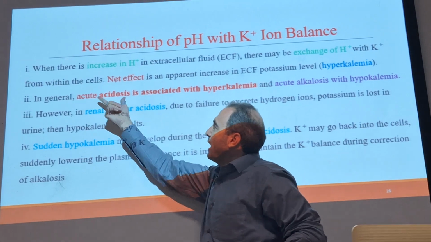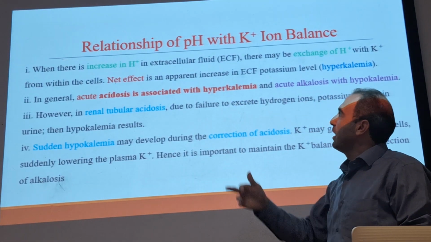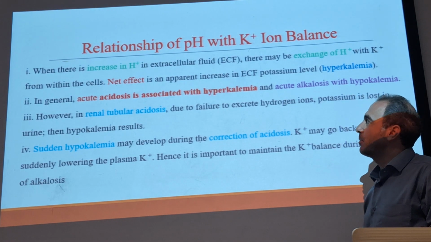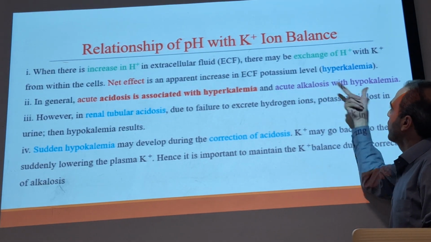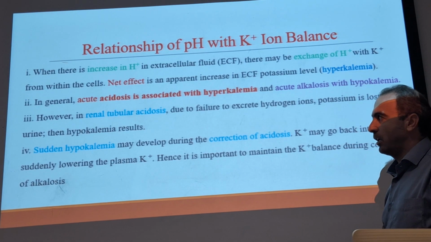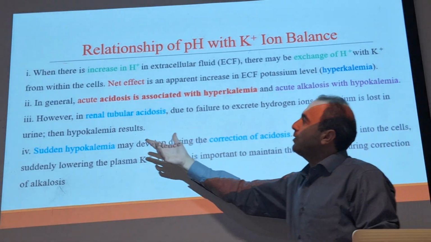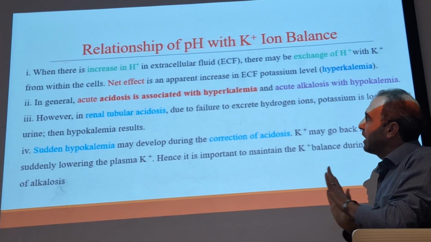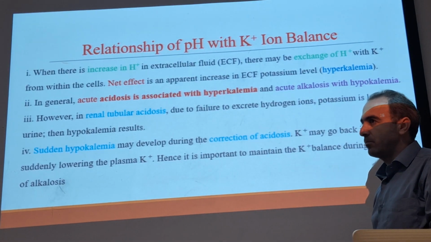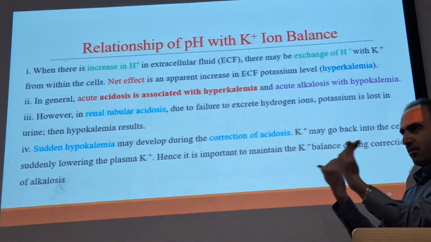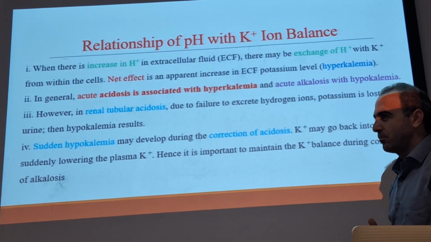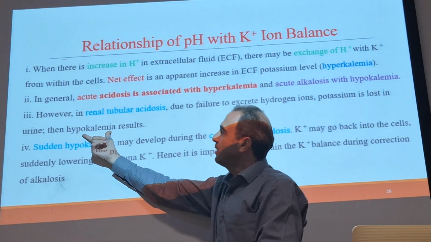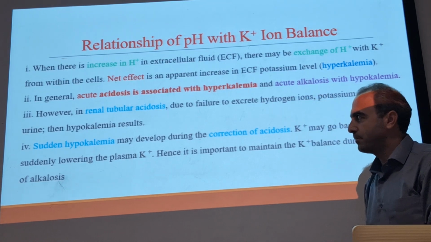In general, acute acidosis is associated with hyperkalemia, and acute alkalosis with hypokalemia. In renal tubular acidosis, because we cannot excrete hydrogen ion, we also can't reabsorb potassium. Our potassium will be excreted in the urine and lead to hypokalemia.